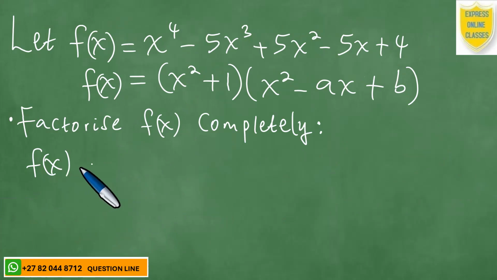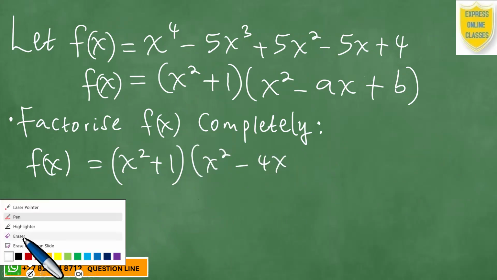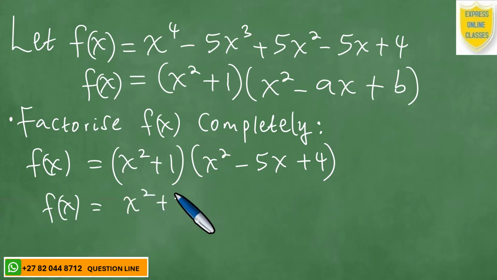We already have that f at x is x squared plus 1 times x squared minus 5x plus 4. And so our f at x becomes exactly x squared plus 1 times x squared minus 5x plus 4.